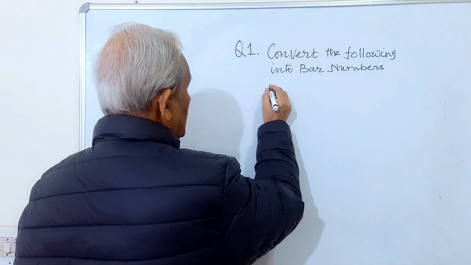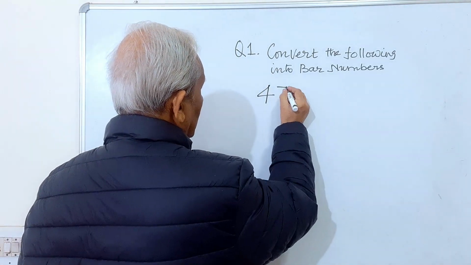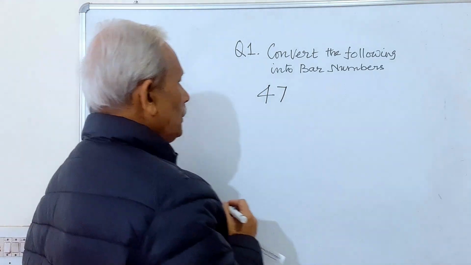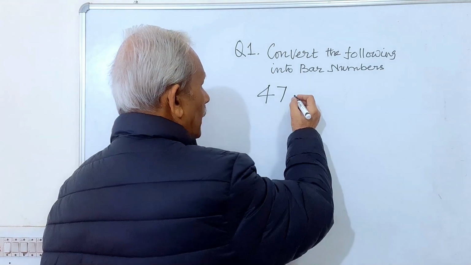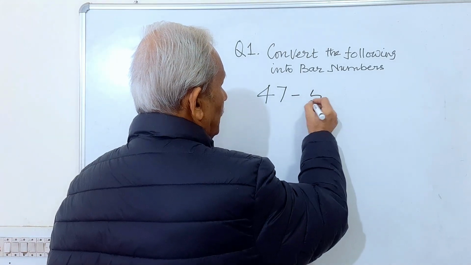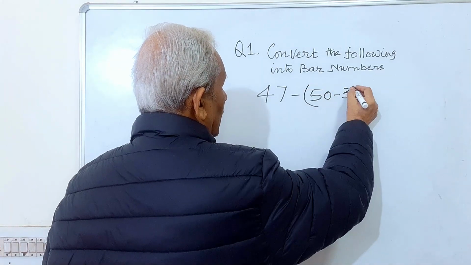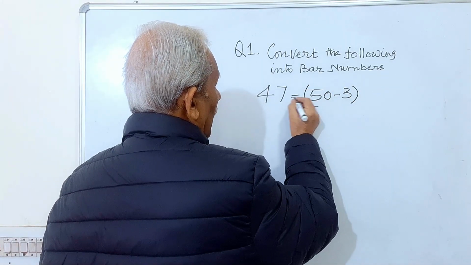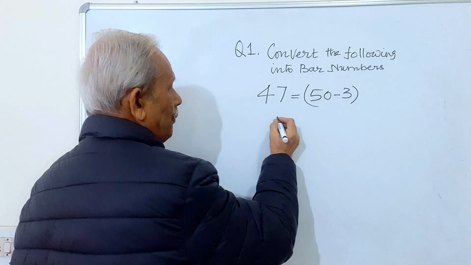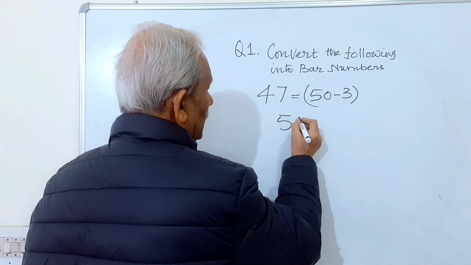The question is 47, converted into bar numbers. One thing that I told you is that you can convert it into 50 minus 3, and this can be written as 5 and then 3 bar.